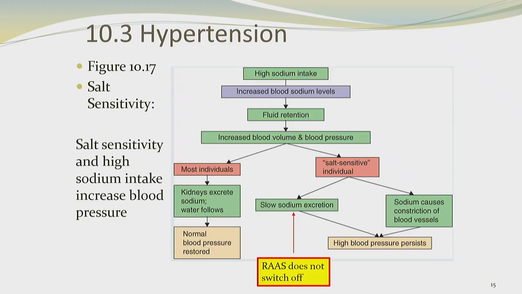But in salt-sensitive people or people with high blood pressure, this is not shut off. And so medication is often used as a way of trying to switch off the RAS, or some medications become ACE blockers, right? So the ACE helps with the conversion of the angiotensin 1 to angiotensin 2, and that blocks that conversion so that it helps to regulate blood pressure a bit better.